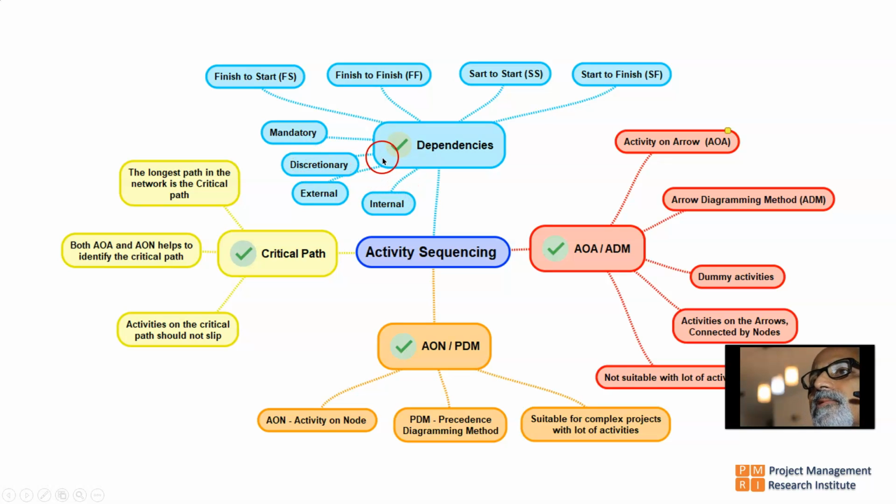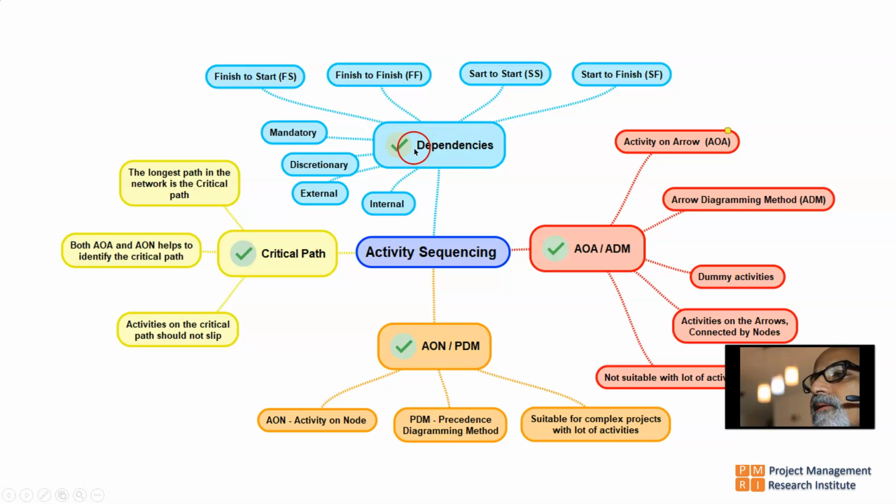On the activity, there are 4 types of dependencies again, that is finish to start, finish to finish, start to start, and start to finish. Now we apply these dependencies onto the activity list.